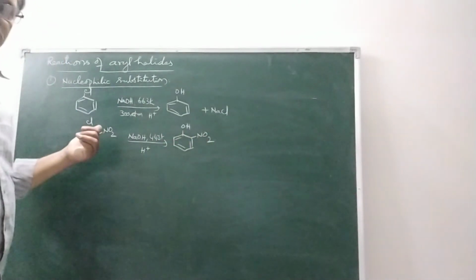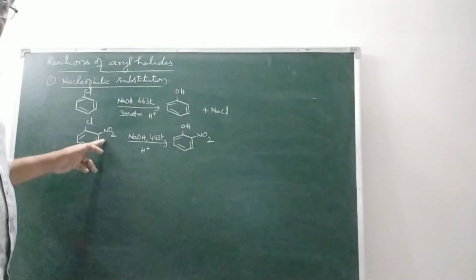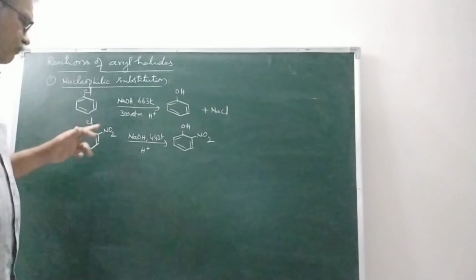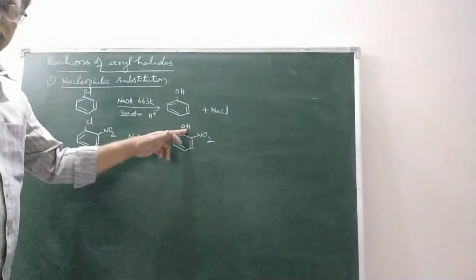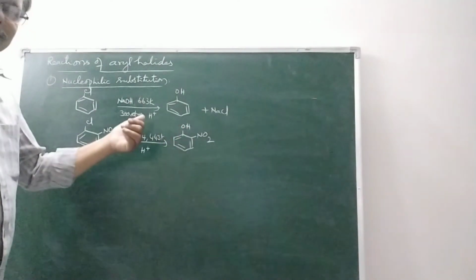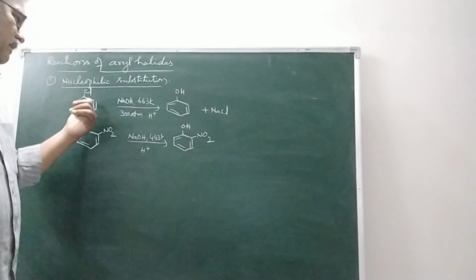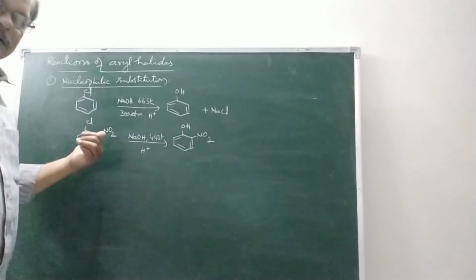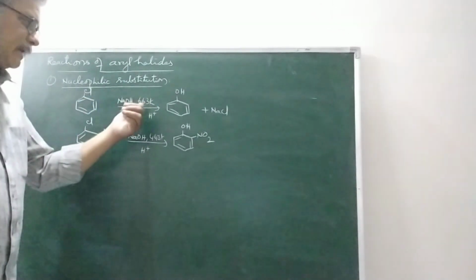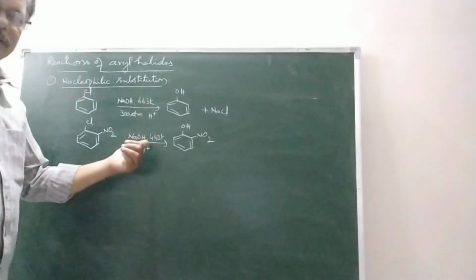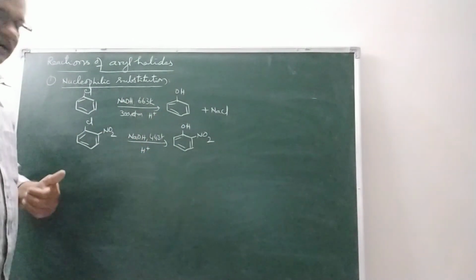That means if NO2 is present at the ortho position, the substitution of chlorine by nucleophile OH minus is rather easy when compared to the aryl halide having no NO2 group. Because here more temperature is required, here less temperature is required.